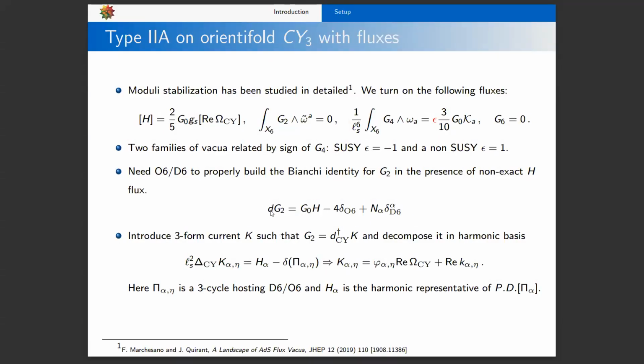To work with this in a more systematic way, we introduce a three-form current we call K, defined such that its adjoint derivative is the two-form Romans flux, and we decompose this in a harmonic basis. So we get a Laplace equation of this kind, and the harmonic basis we choose verifies that the Poincaré duals of these basis elements are the three-cycles wrapped by the localized sources of our system, the D6 and the O6, the orientifold planes.